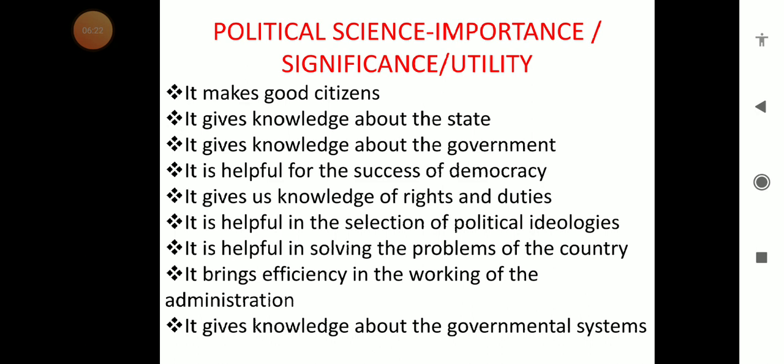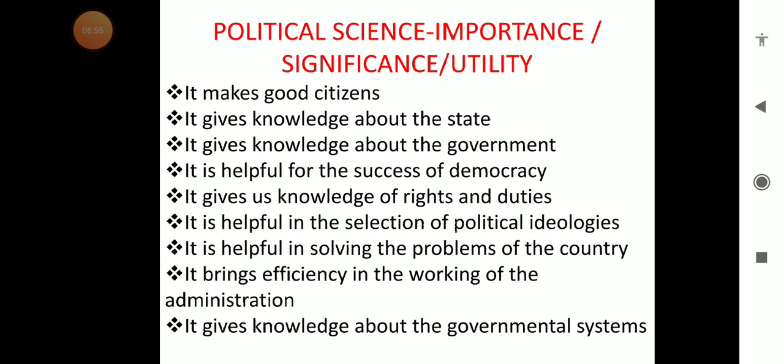It is helpful for the success of democracy. Democracy means the government of the people. Demos means people, cracy means to rule, rule of the people. As in the modern age, democracy is the most popular form of government.